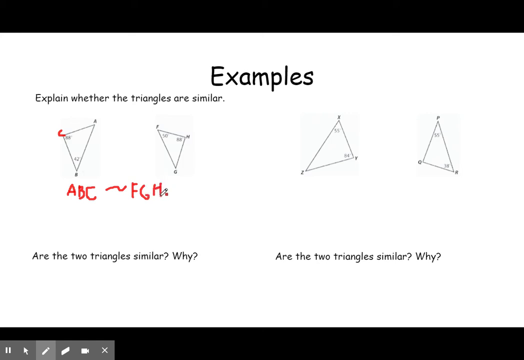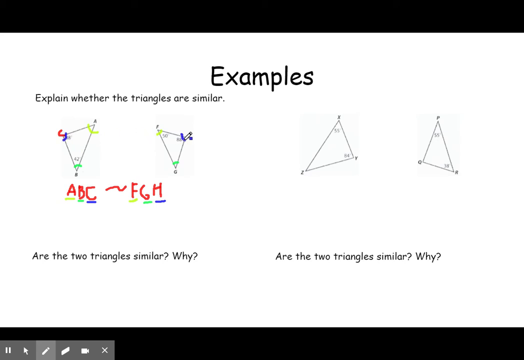Again, you will always be given a similarity statement. So if I look, angle A corresponds to angle F. I apologize if you can't see that, it might be a little light. Angle B corresponds to G, and then C and H correspond.